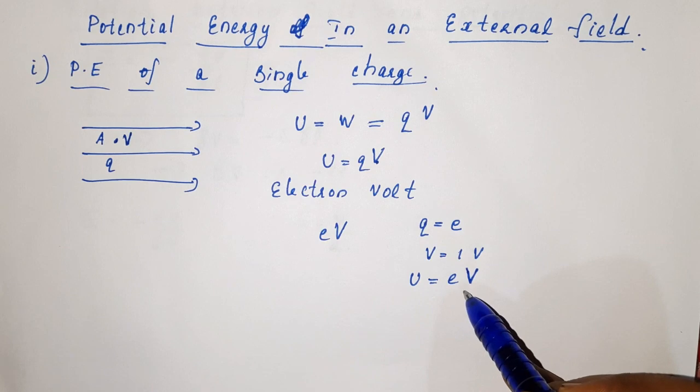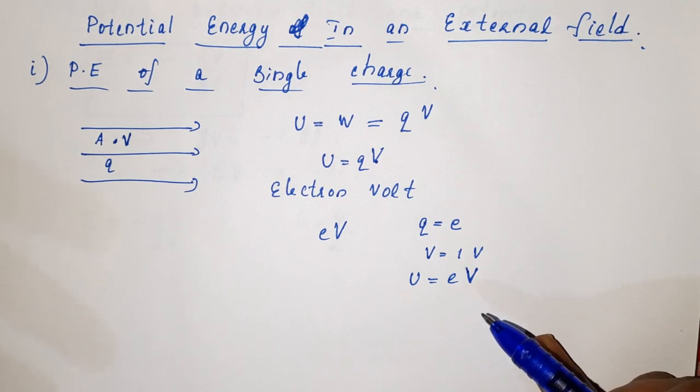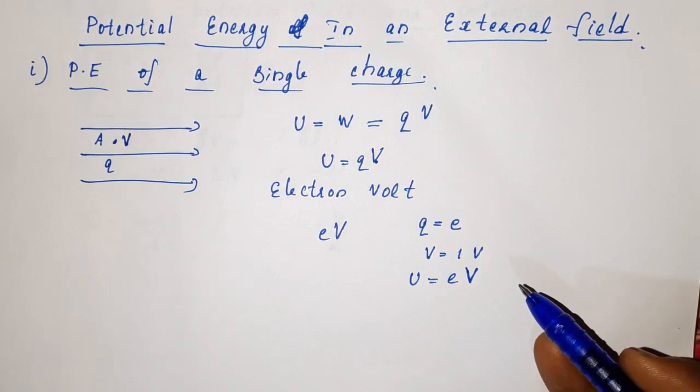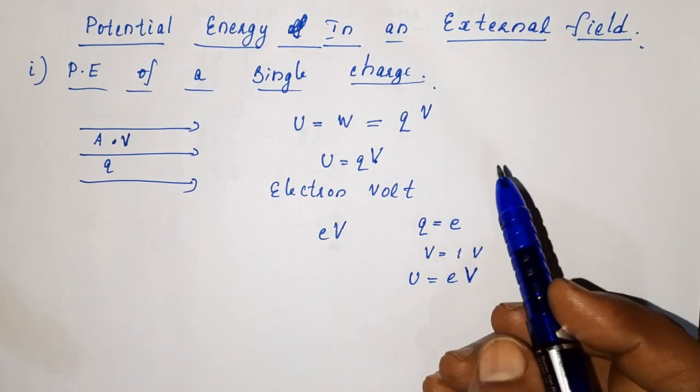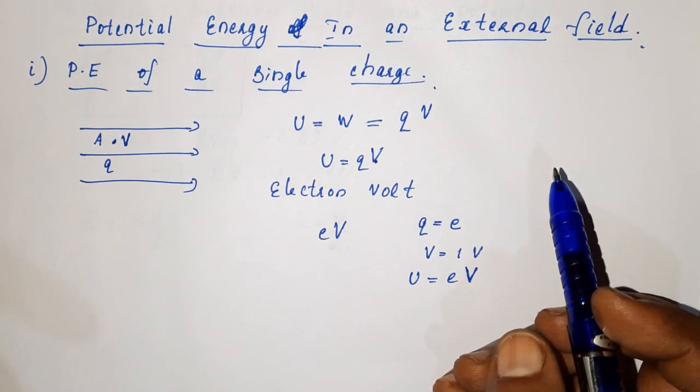In terms of potential energy, we explain like this. If the electron is free to move, that potential energy will surely convert into kinetic energy. Actually, this energy is manifested as kinetic energy, so we can define it that way also.